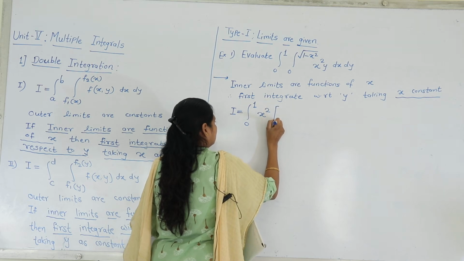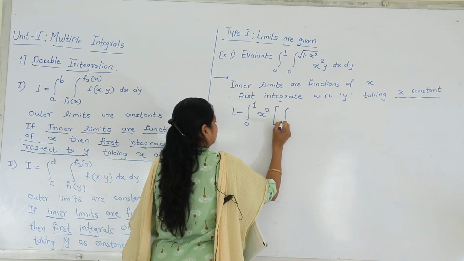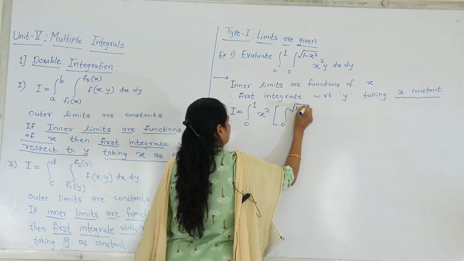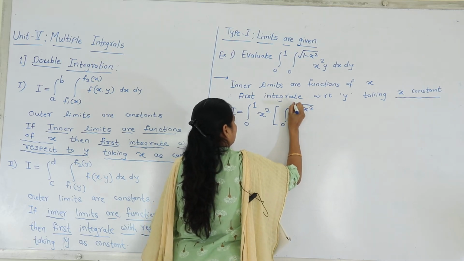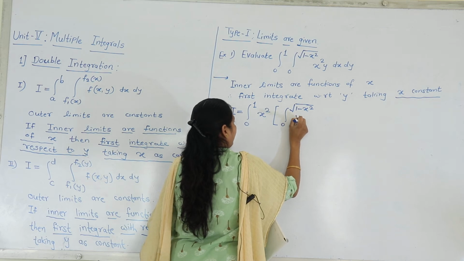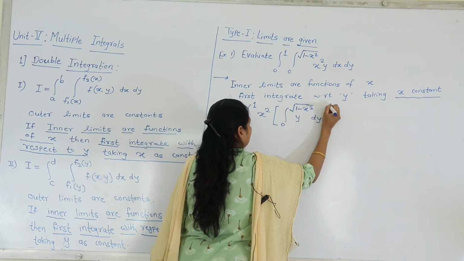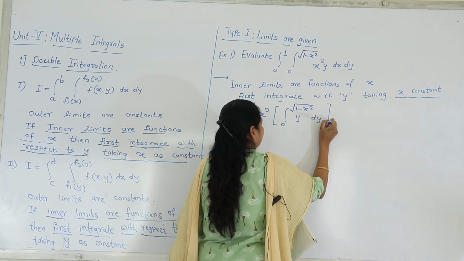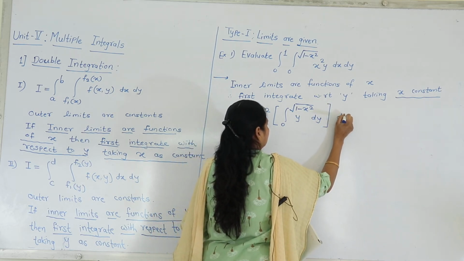Then first we have to integrate 0 to under root of 1 minus x square of y dy, and the term we have to integrate first should be in the bracket.